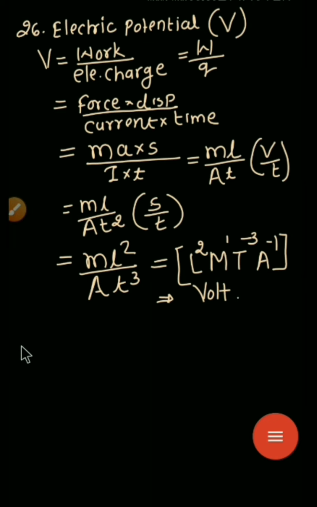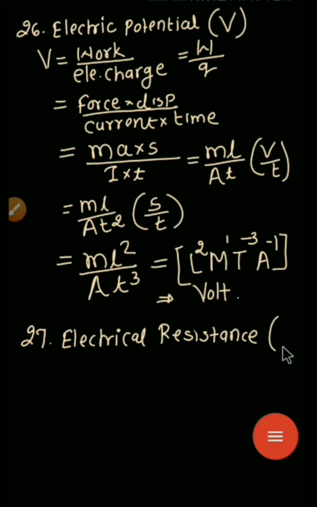The next physical quantity we'll take is electrical resistance, which is denoted by capital R. We know Ohm's law, V is equal to IR.